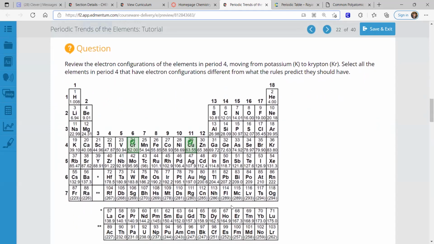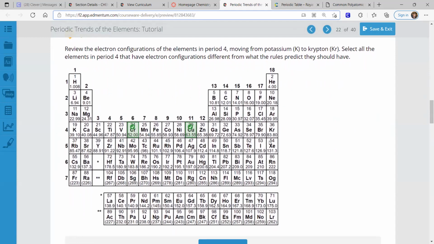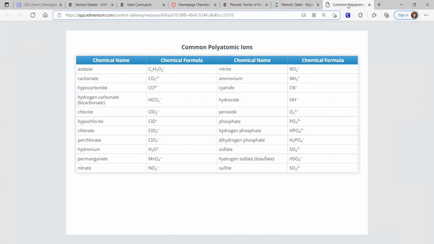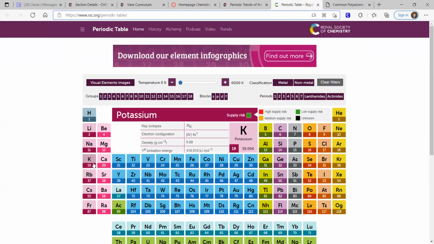Part C. Review the electron configuration of the elements in period 4. Select all the elements in period 4 that have electron configurations different from what the rules predict. We have chromium and copper. If you look at it, we go from 4s1, 4s2, 3d1, 4s2 3d2, 3d3, 3d5.